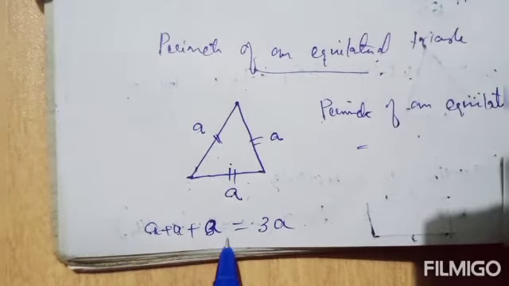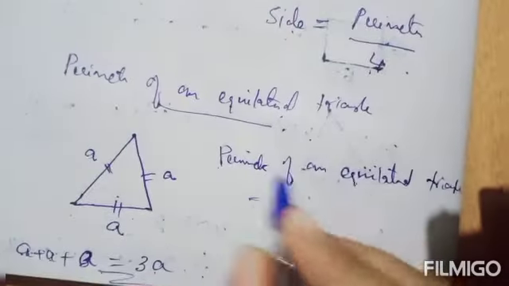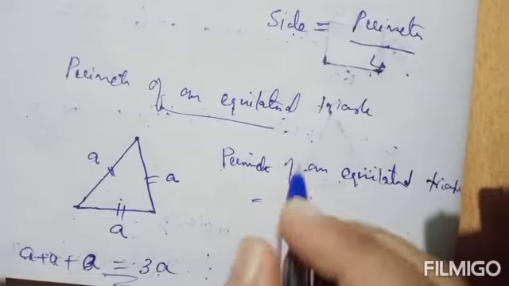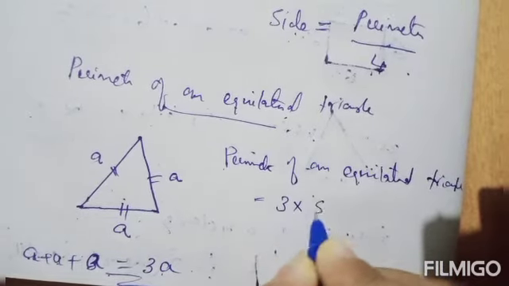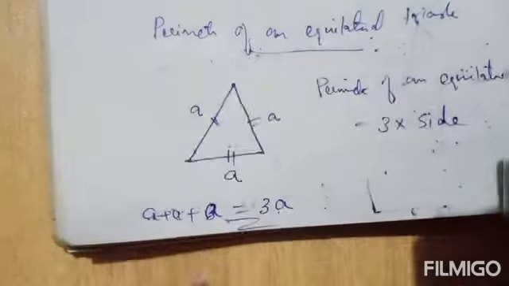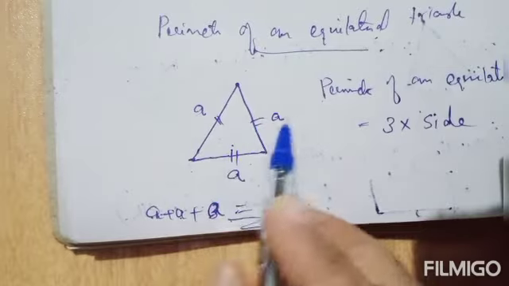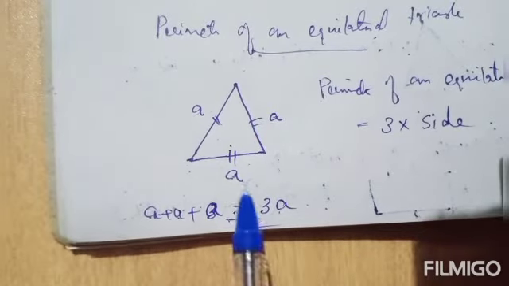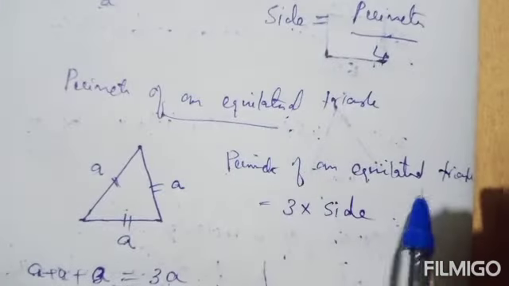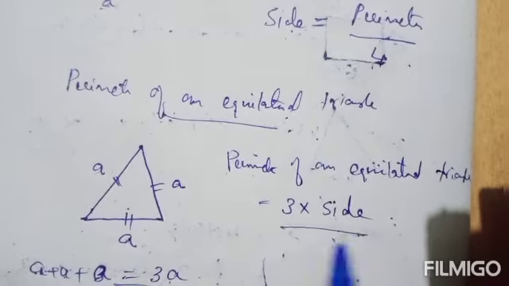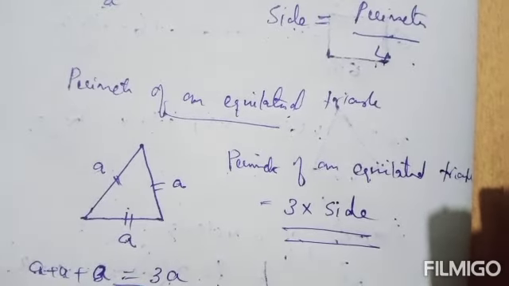So the perimeter of an equilateral triangle is 3 into side of an equilateral triangle. Here A means we take the side only as A.